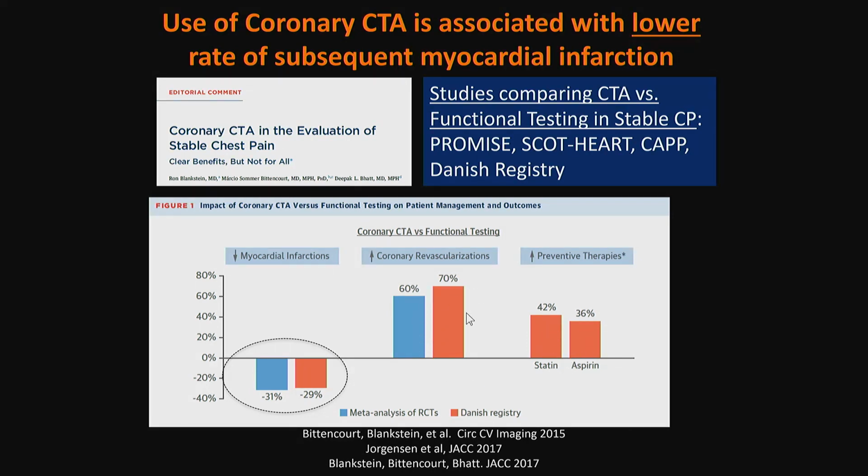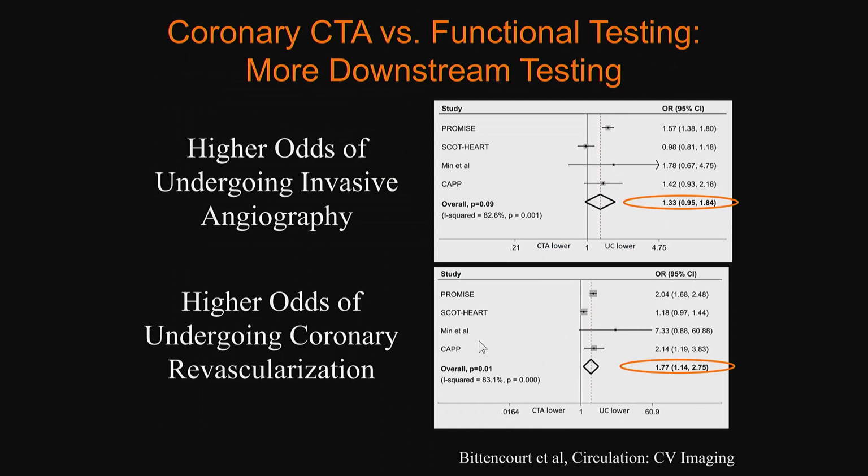On the other hand, patients that were randomized to coronary CTA were also found to have a higher rate of coronary revascularization compared to those randomized to functional testing. In fact, this slide shows data from our meta-analysis on this topic, showing that patients randomized to CTA had a 33% higher odds of undergoing invasive angiography and a 77% higher odds of undergoing coronary revascularization.